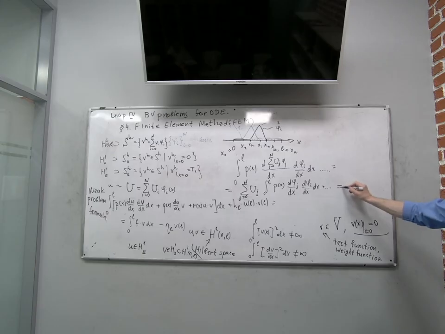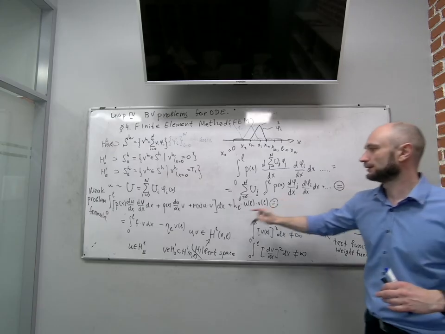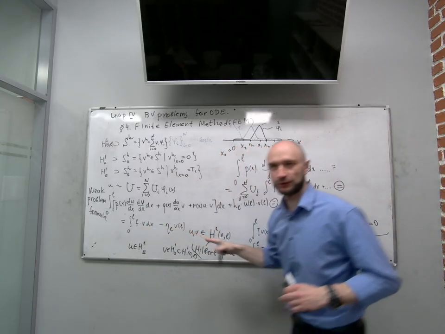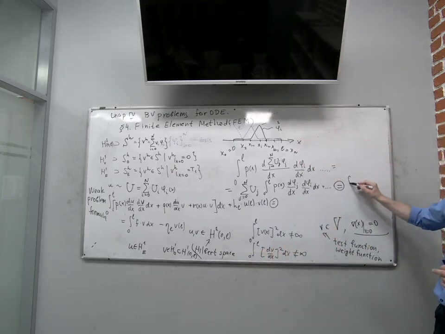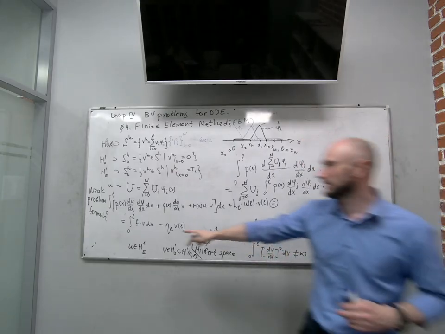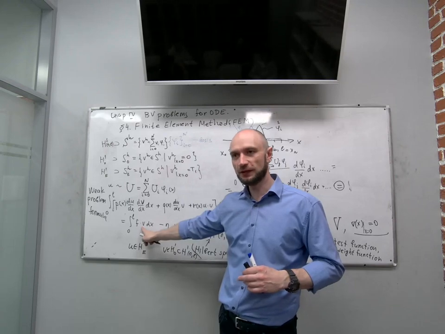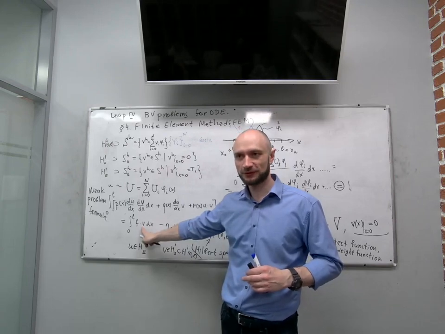And let's write the right-hand side. In the right-hand side, instead of v, we put what? Phi i.